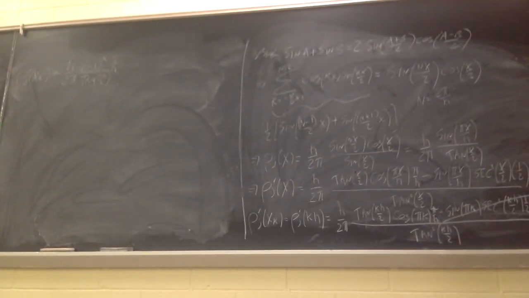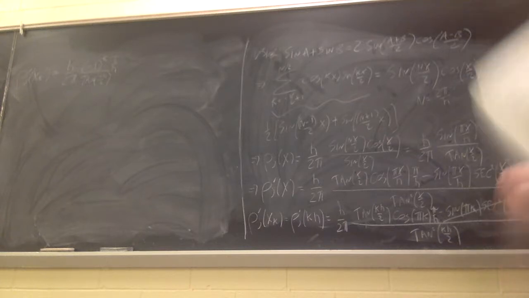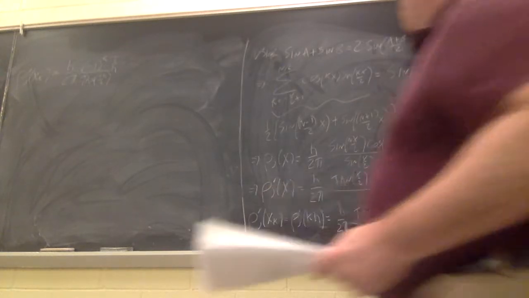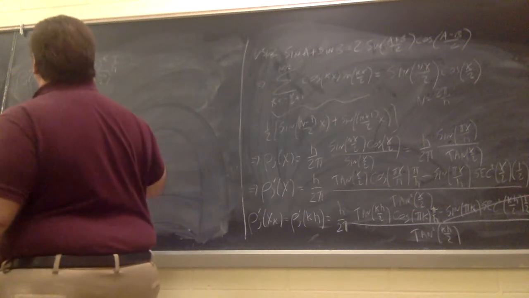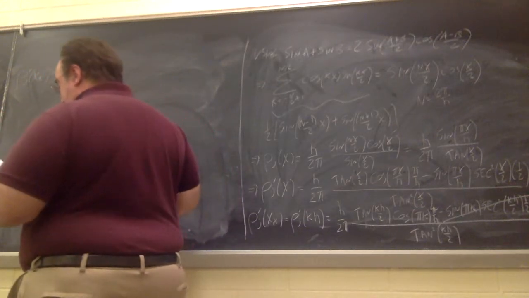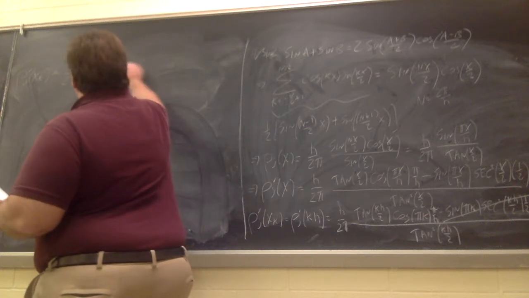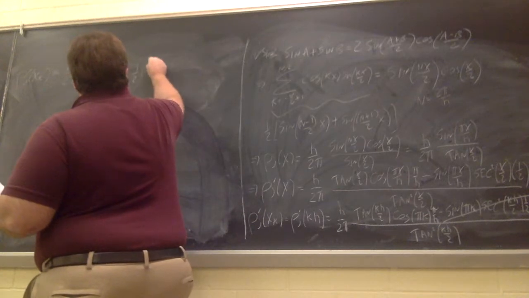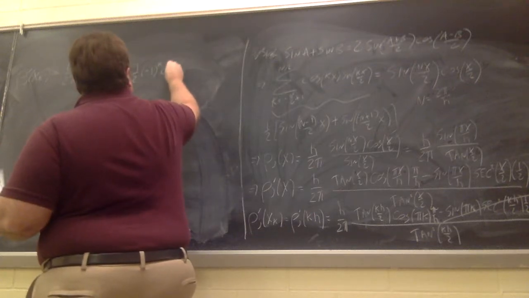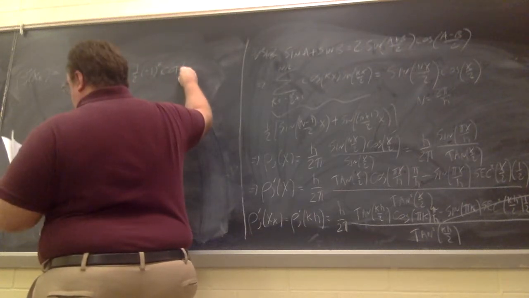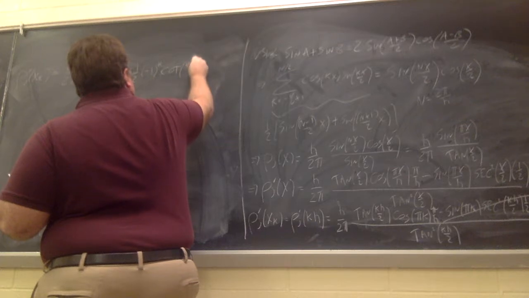Now Jessica can see everything of importance. But now the pi's will cancel and the h's will cancel, so we're left with 1/2 minus 1 to the k, and I'll bring a tangent up to the numerator. That's cotangent of kh over 2.